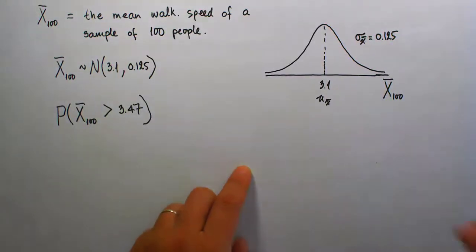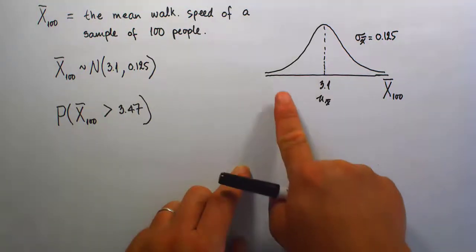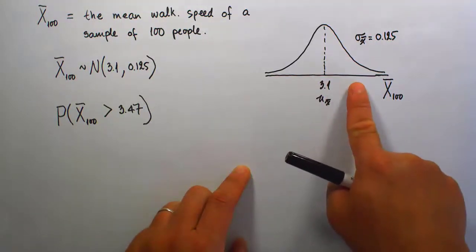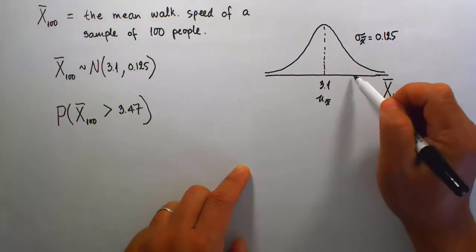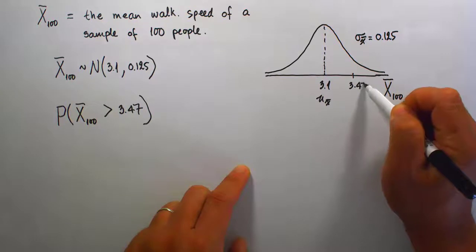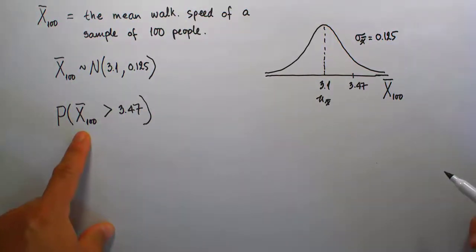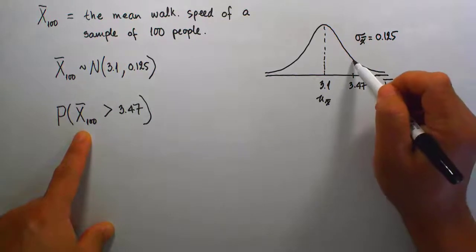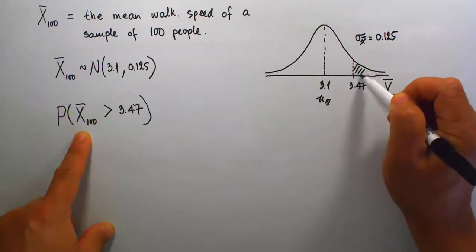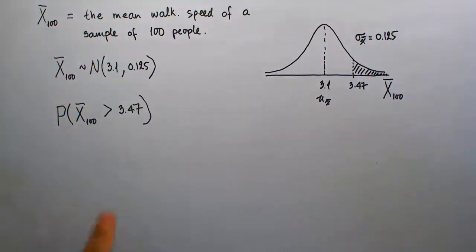And that means from low to high, with the center right in the middle, among all infinitely many sample means here, 3.47 is somewhere out here to the right-hand side of the center. This probability is a shaded area, shaded to the right-hand side. And so now it's a completely brand new bell curve problem for us.